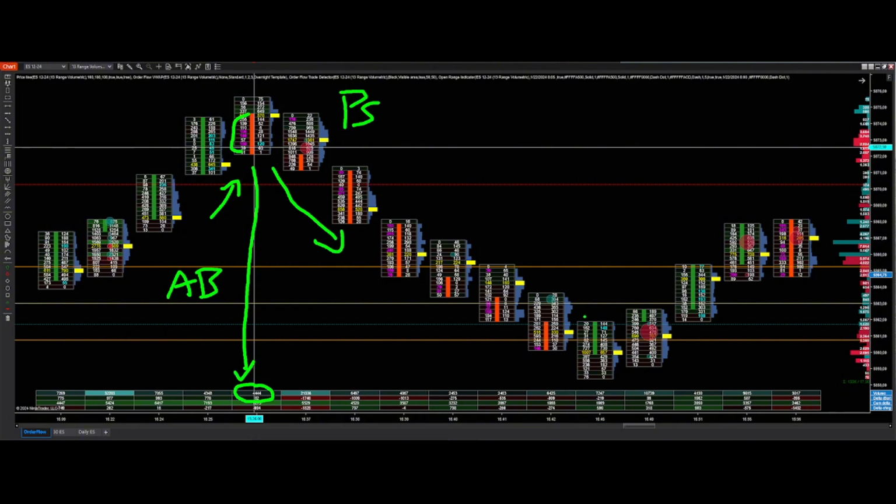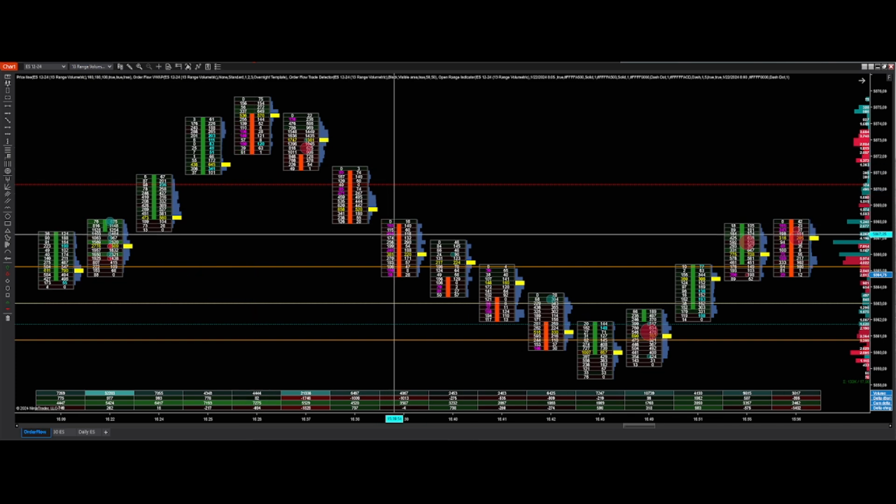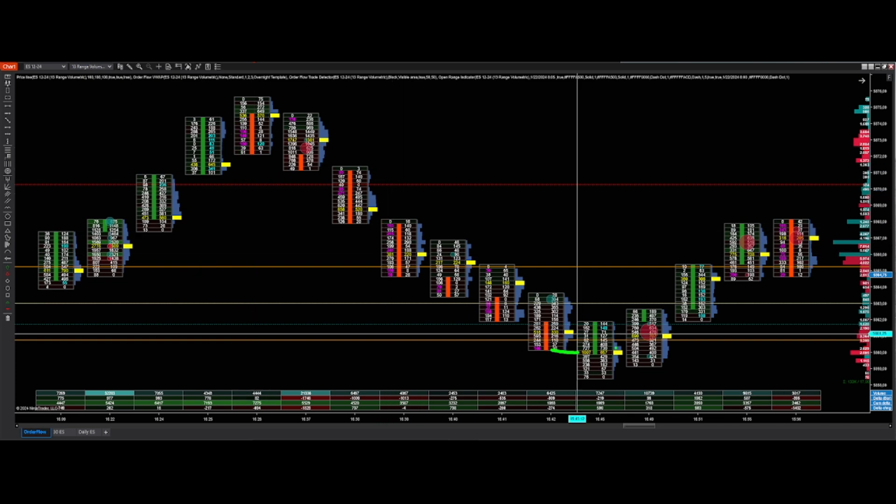Now here we see exactly the same thing happening. We see our open volume building around our POC right here at the open of the candle. We see a finished auction, 76 contracts traded, and a retest of this POC. We also see an imbalance.